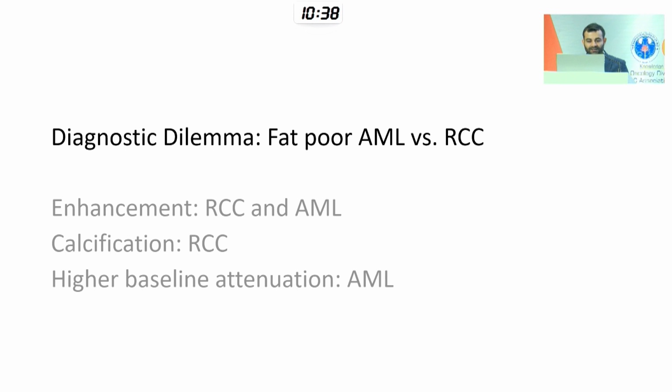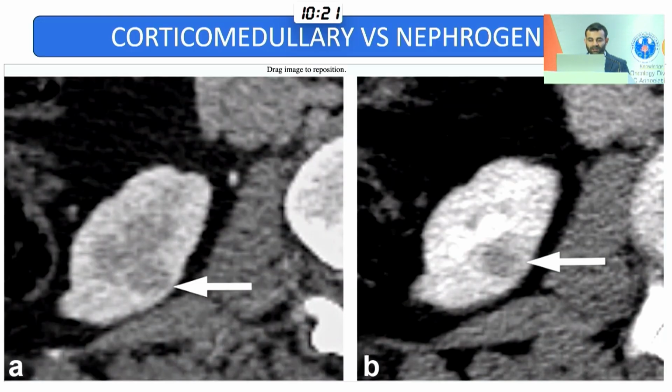In terms of enhancement, both of these tumors are well enhancing. However, calcification is only seen in RCC and higher baseline attenuation is seen with AML. These are certain pointers, and even with a well-conducted CT scan, it is very difficult to differentiate a fat-poor AML from RCC.